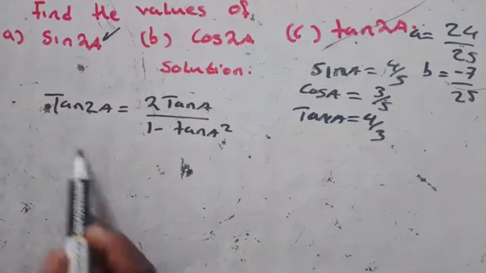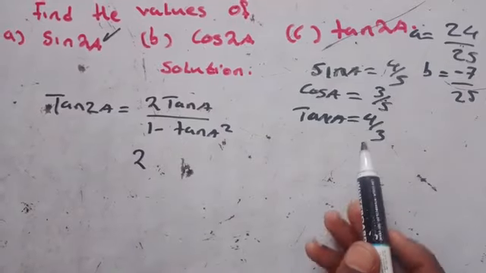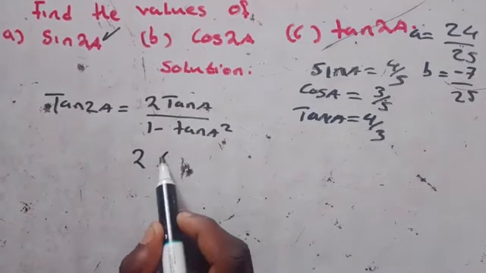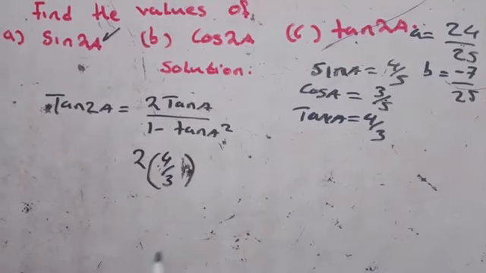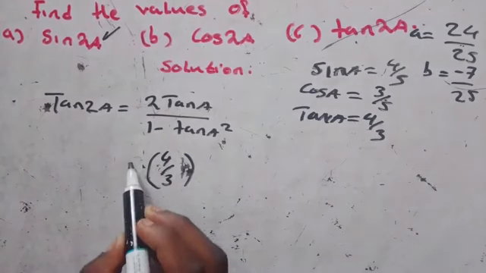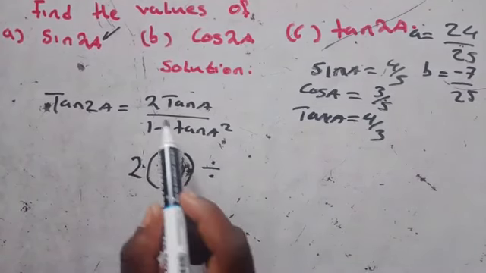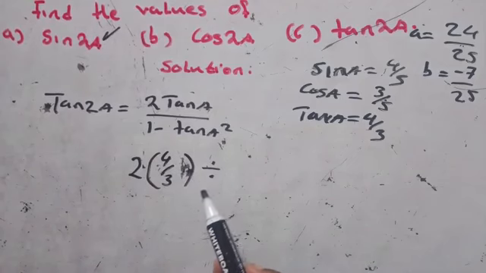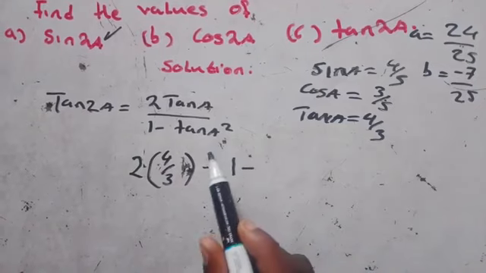We know that tan 2a is equal to 2 tan a, and tan a was found to be 4 over 3, divided by 1 minus tan a squared.